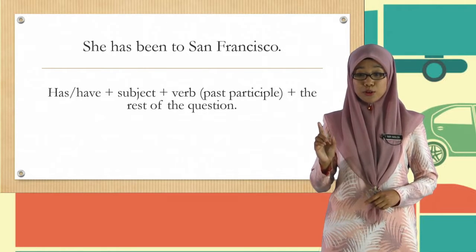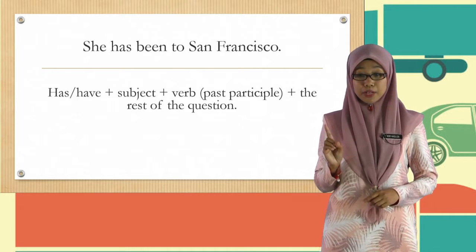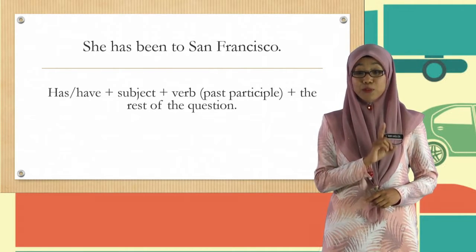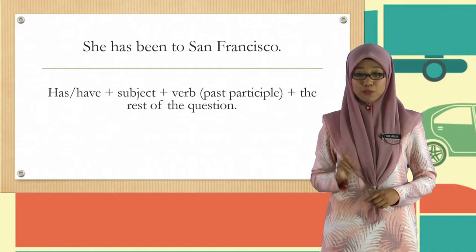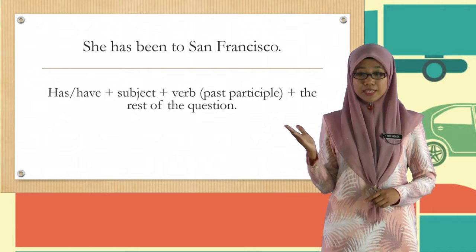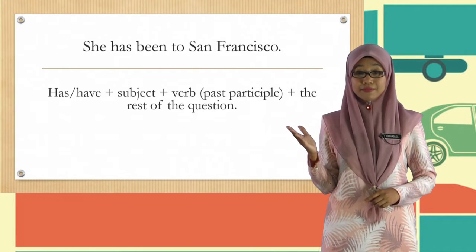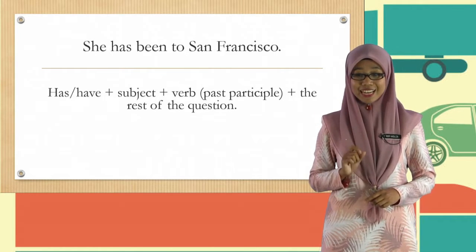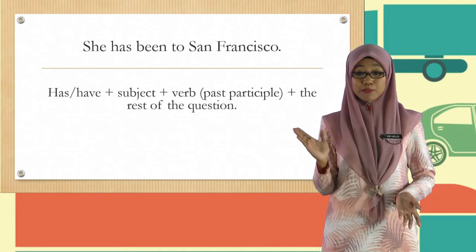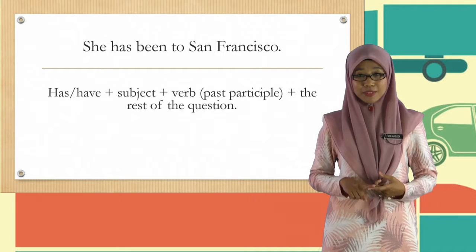Okay, so in the statement above, we have has. So, has should be in front of the question, followed by the subject. So, who is the subject? What is the subject in this sentence? She. Yes, has, she. And then what is the verb in this question?